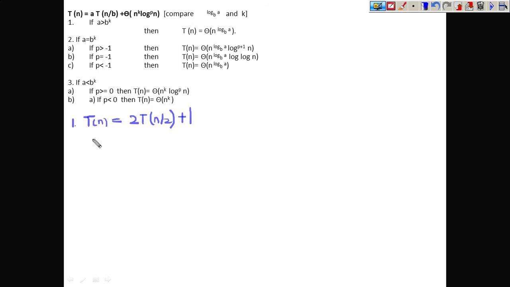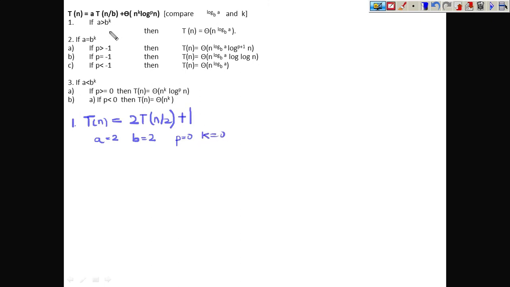Here a is equal to 2, which is more than or equal to 1, so this condition is satisfied. b is 2, and k is the power of n. We don't have any term of n or any log term, so p is 0 and k is 0 in this equation.